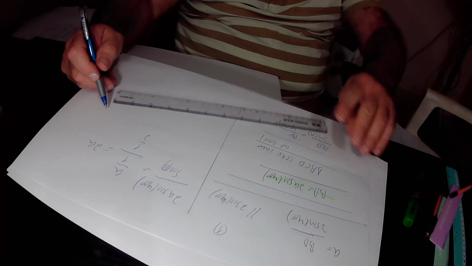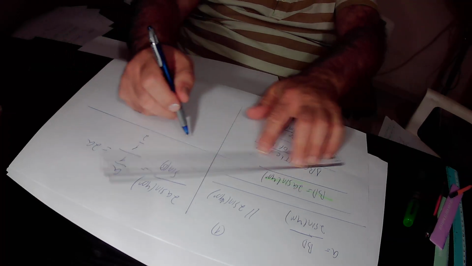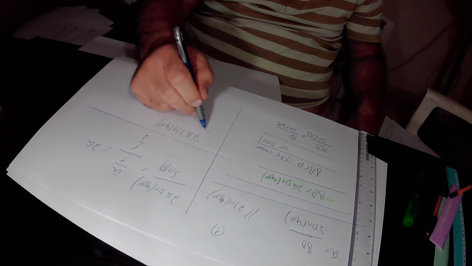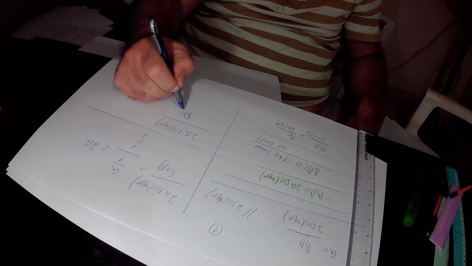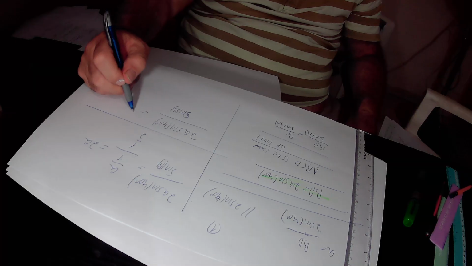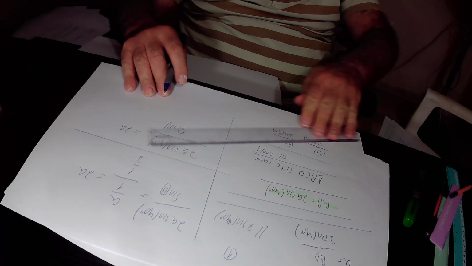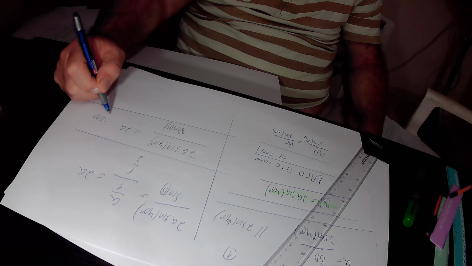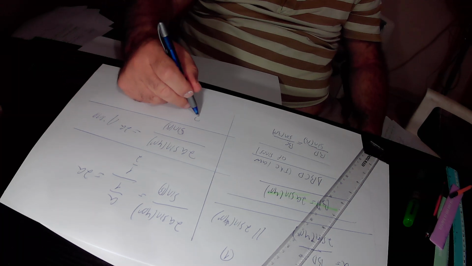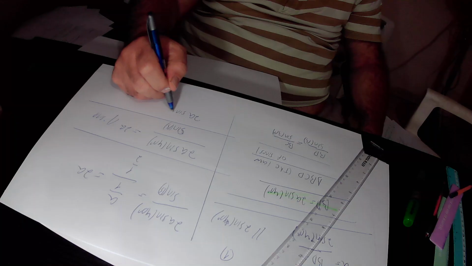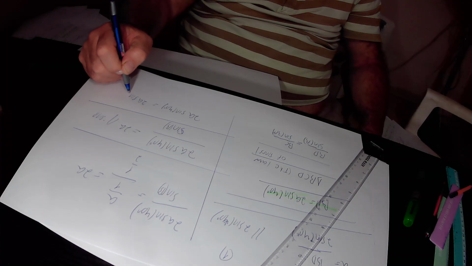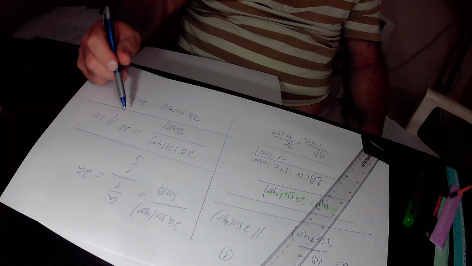So in total, we found out that 2A times sine 40 degrees over sine beta equals 2A. Here we will multiply this equation by sine beta, and we get that 2A times sine 40 degrees equals 2A times sine beta.